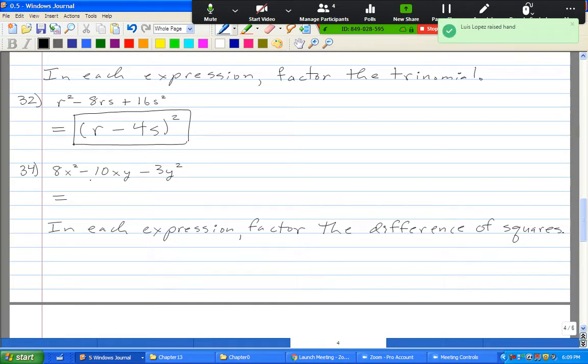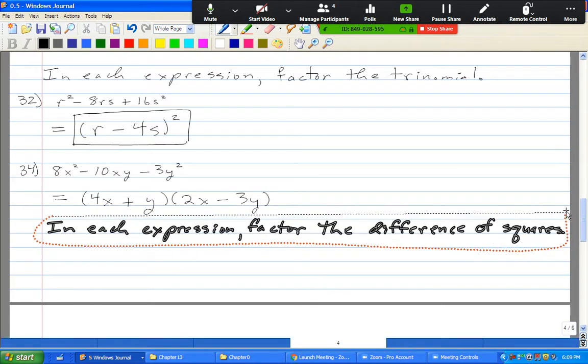So I have 8x squared. I'll write that as 4x times 2x. I have here a negative 3y squared. So I'll factor that into negative 3y times positive 1y. Now let's check to see if I've factored this correctly.